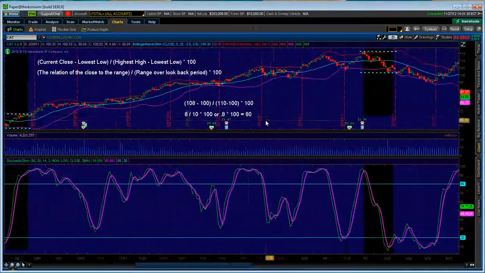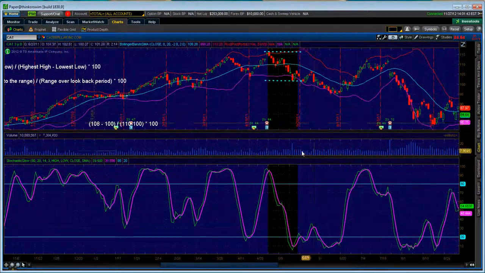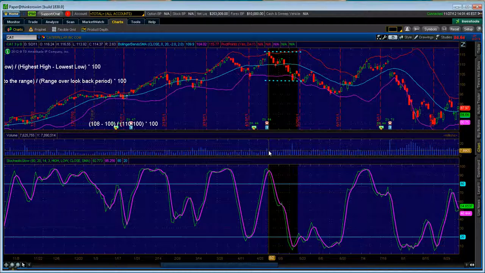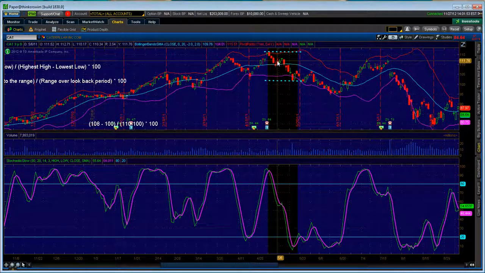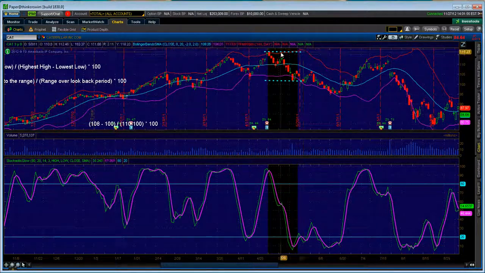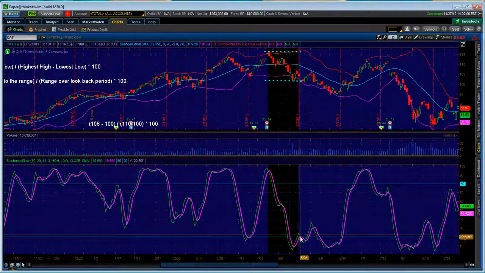Okay, move forward a little bit, and then here's another little block. This is a 14-day block that I've highlighted here, and as you can see, here's the close on the final day that's looking back here, and you have the highest high, you have the lowest low right here, so that gives us our range, and the close was not at the bottom of the range but very close to it, and as you can see, the reading's there.